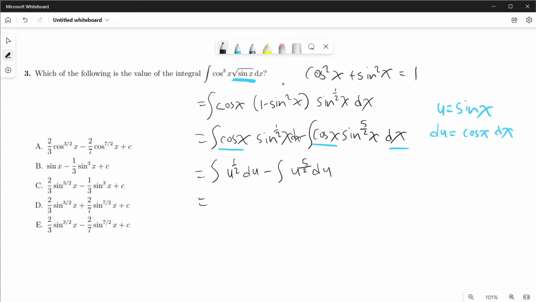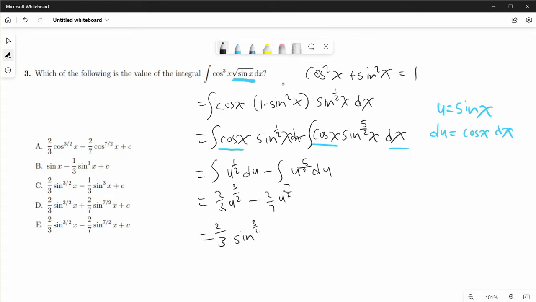Right, chain rule. Minus, that would be 2 over 7 u to the 7 over 2, right? And then we can plug the sine back in for u.